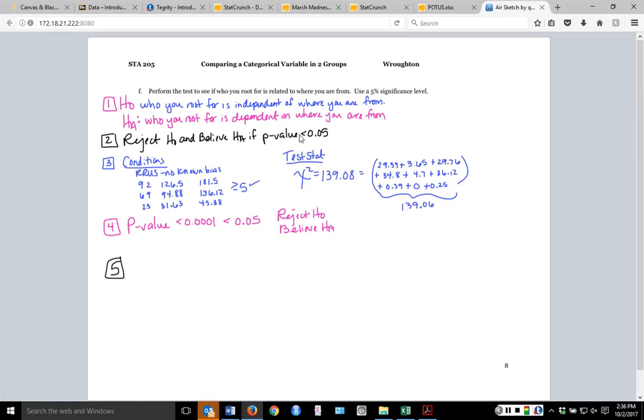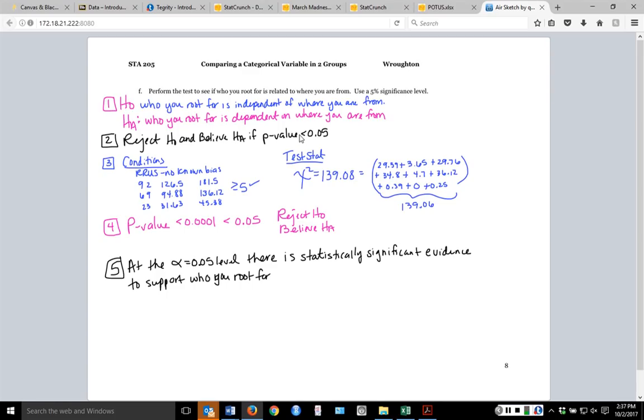So then I can finally say, with my alpha of 0.05, since we rejected, there is statistically significant evidence to support, remember, the last part is our alternative hypothesis in words, that who you root for is dependent on where you are from.